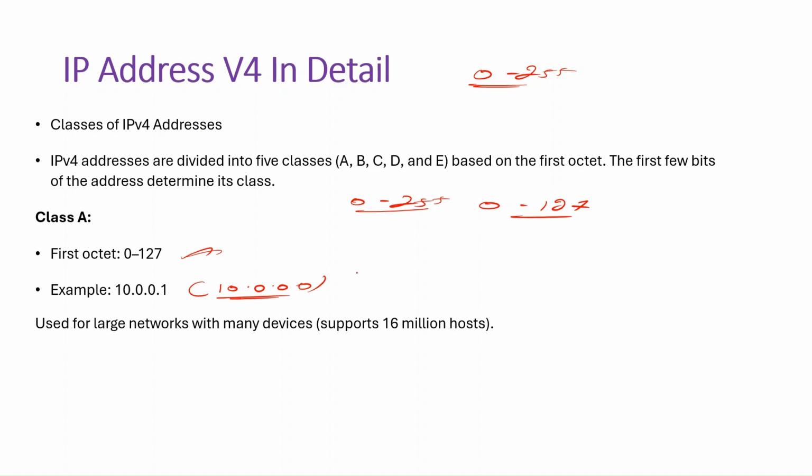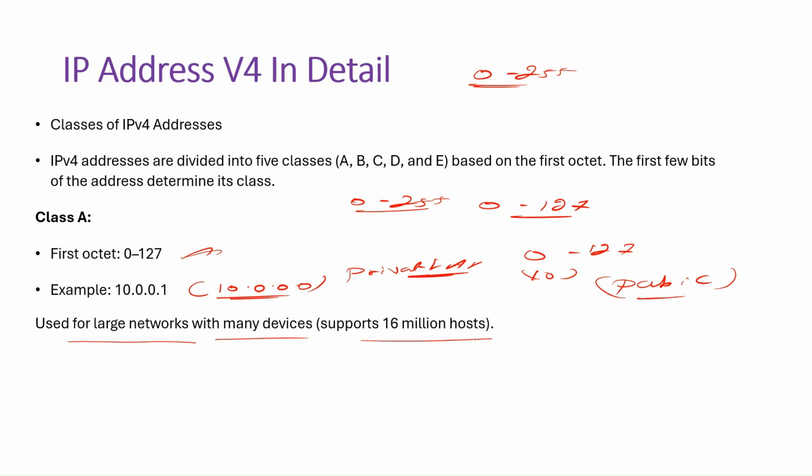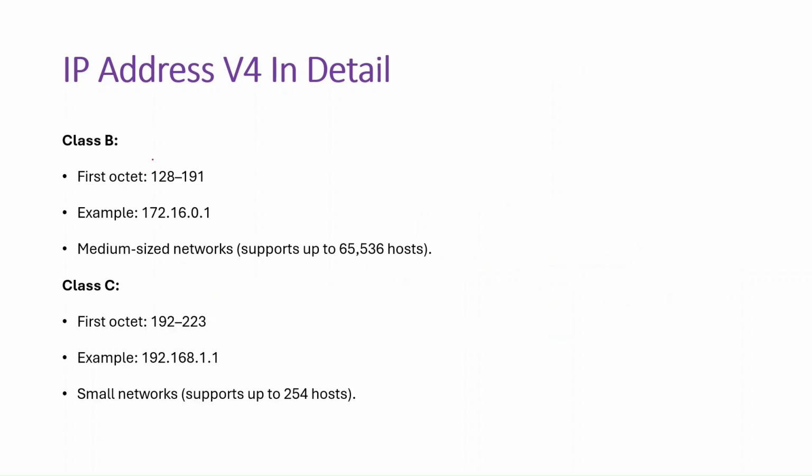This is the range we can use for private LAN routing, and the rest of the ranges from 0 to 127 apart from 10 are public ranges, so these are all public routable IP ranges. Class A is used for large networks with many devices, and it supports up to 16 million hosts.